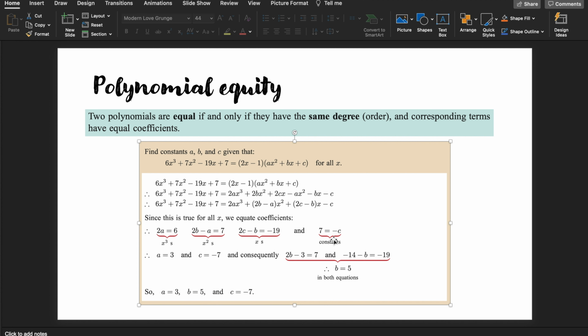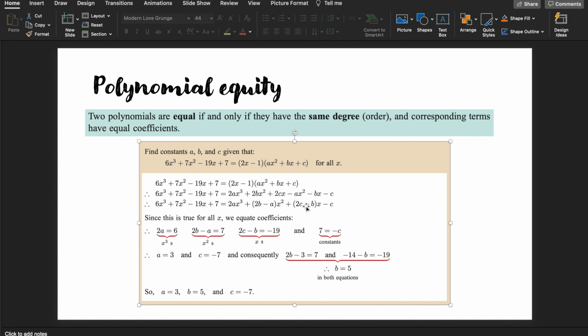So we first find the value of c, which is minus 7, and then we can equate 2b minus a to 7, and we already have the value of a, so we can substitute that. So it would be 2b minus 3 equals 7. So it would be 2b equals 10 and b would be 5.